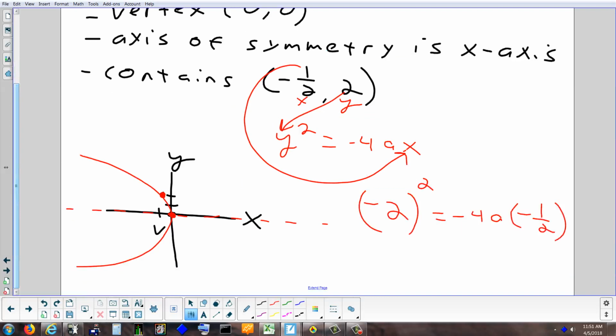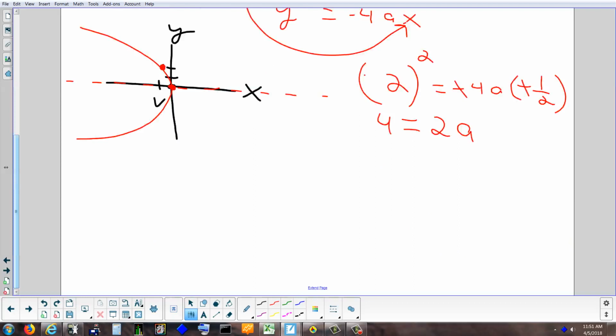What's negative 2 squared? Actually, it's positive 2. 4. On the other side, what's a negative times a negative? Positive. It's a positive 2. And then half of 4 is 2. And then what would I do to get A by itself? Divide by 2.